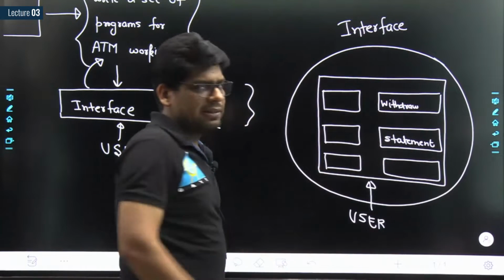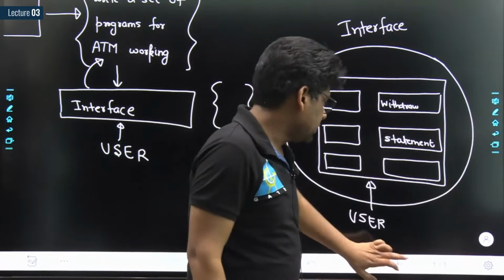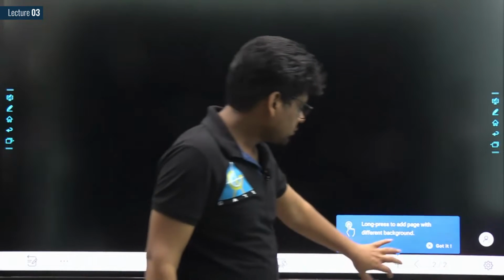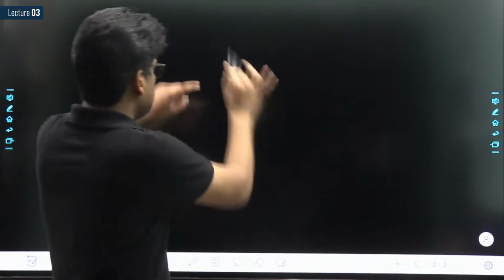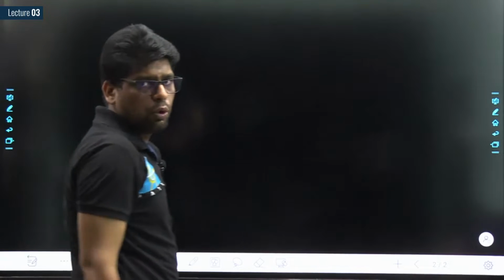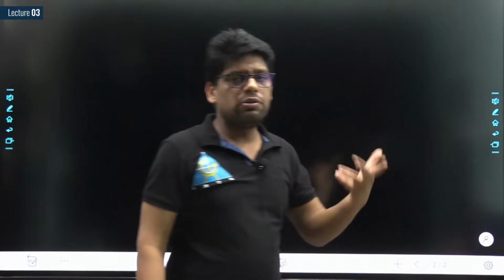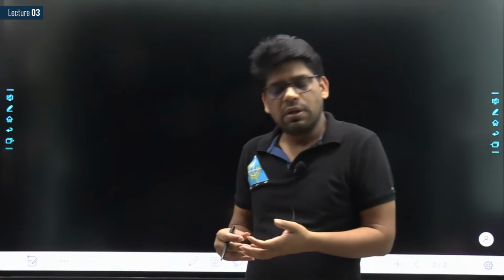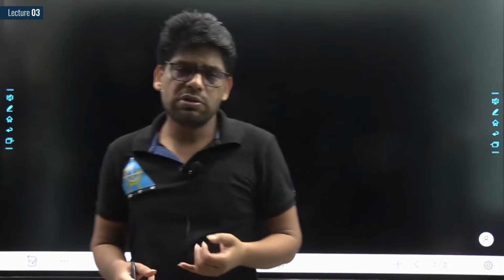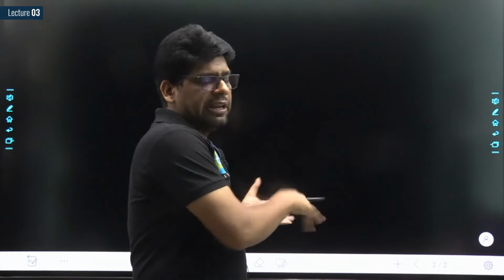Let me give you another example. Let us suppose I talk about this digital board. Sir, this digital board must use some technology. Of course, sir. It provides various functionality.